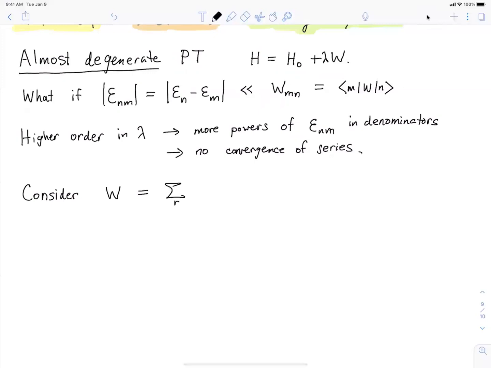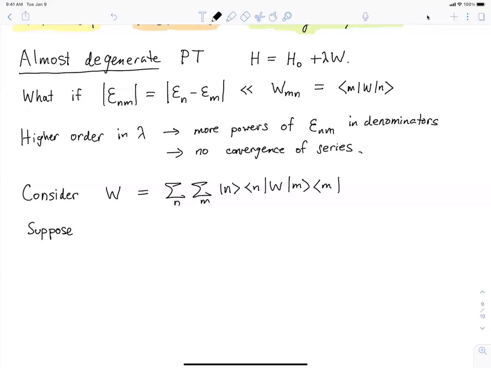And so let me sum over states N and sum over states M. I'm putting in the identity operator twice here, one on either side of W. And among all the states that we're summing over, suppose there's some subset that's almost degenerate.